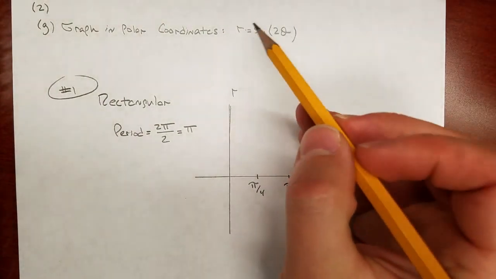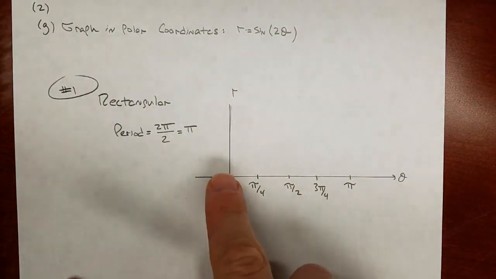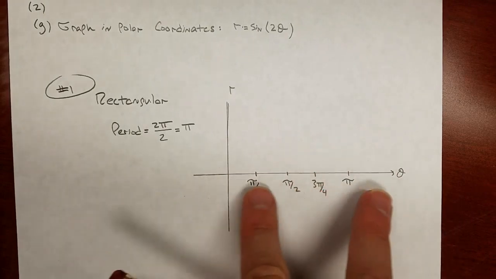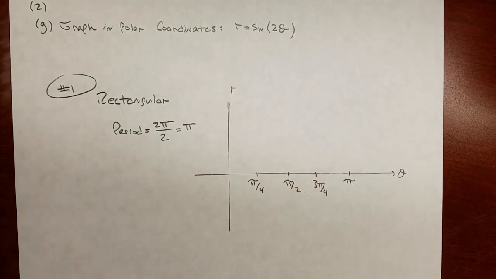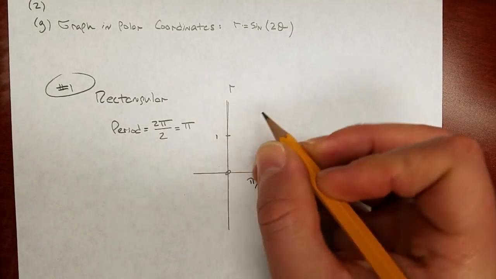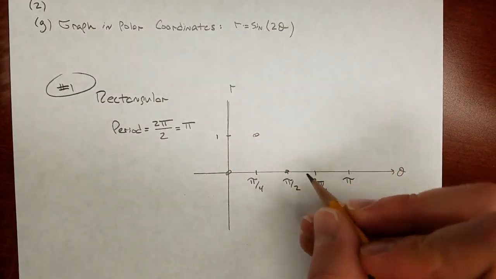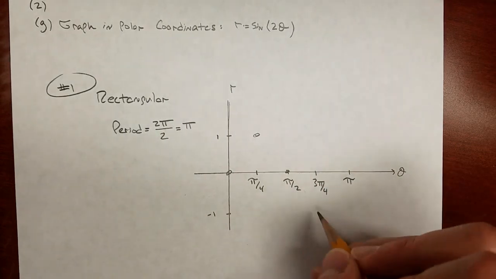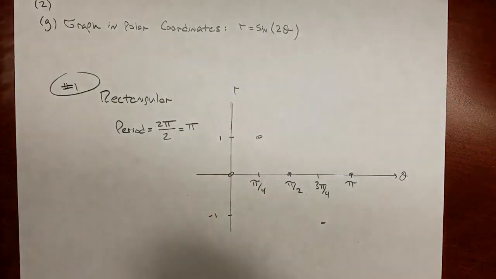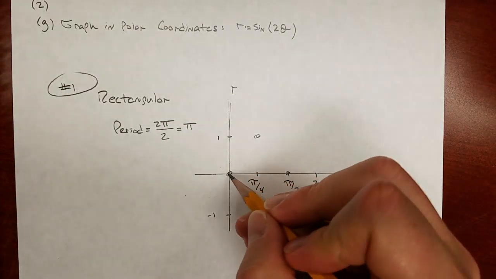So you take the sine wave, it's 0, 1, 0, negative 1, 0, with pi being the period. Okay, so I'll get 0, let's put 1 right there, 1, 0, negative 1, 0, right? And there it is, that's how it's going to be in rectangular coordinates.